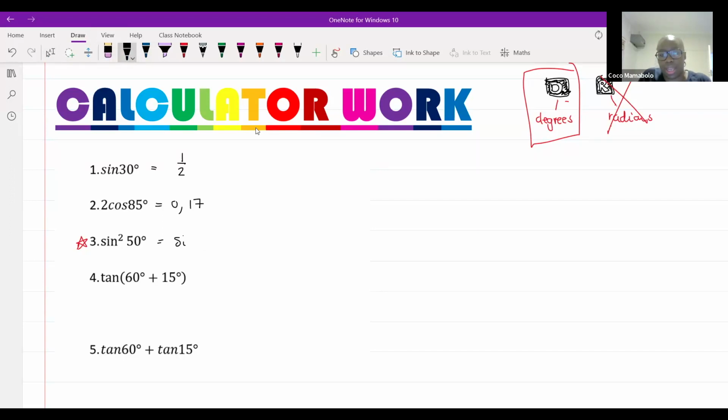You're going to go sine, put in 50, close the bracket, and then square that. So sine 50, then close, squared, and the answer you should get there is 0,59. Yes, the square goes outside the bracket, Vukosi.